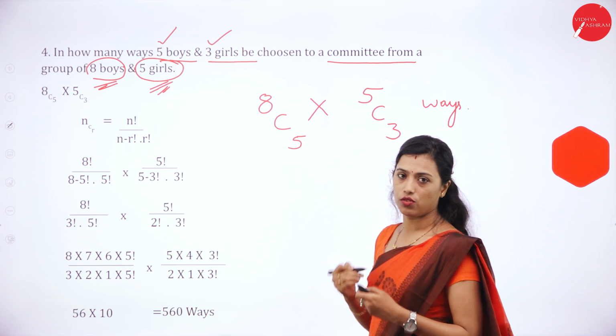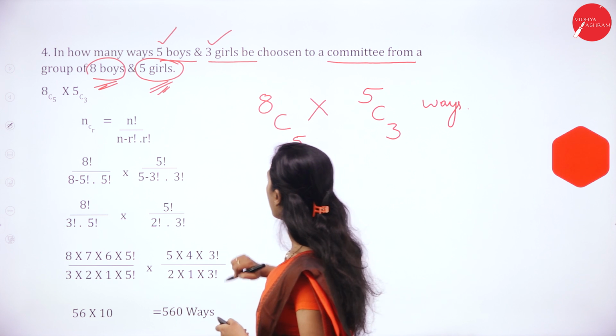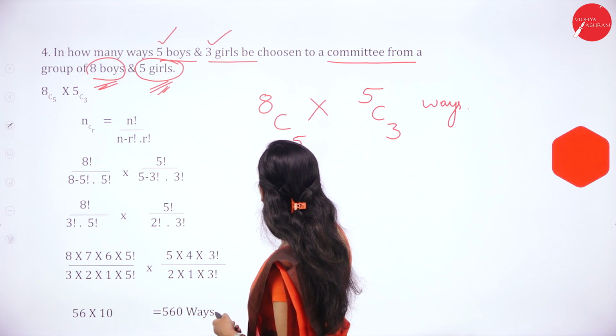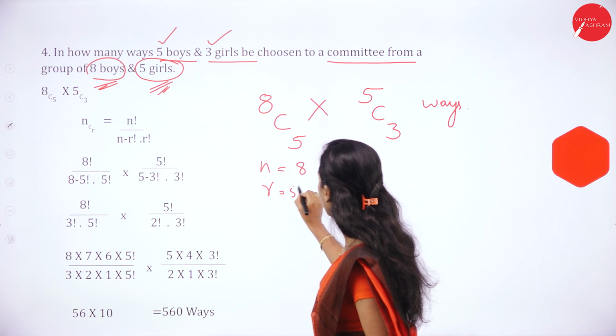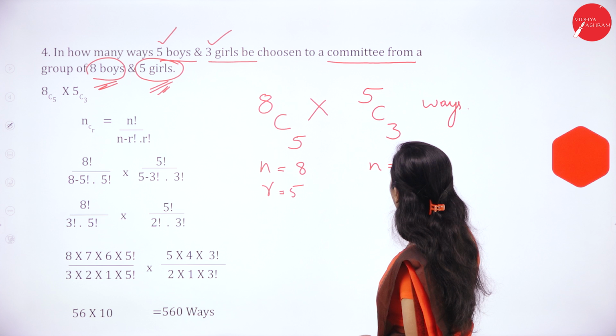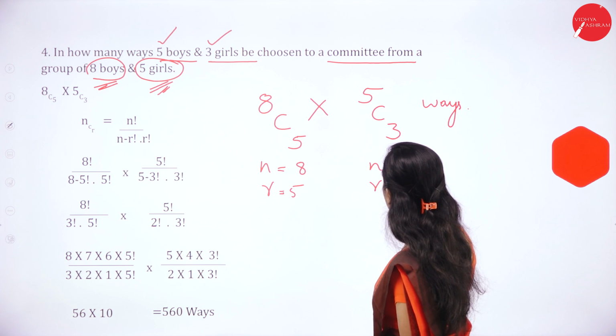Now we will substitute this with the help of the formula. So here n is equal to 8, r is equal to 5. Here n is equal to 5, r is equal to 3.